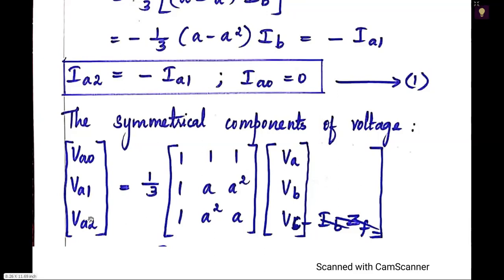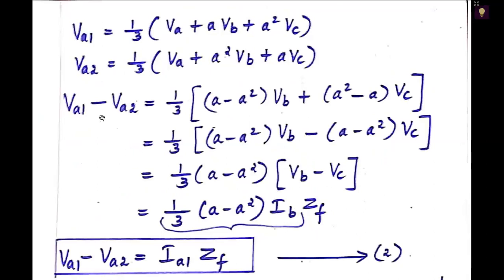And VA2 is equal to 1 by 3 into VA plus A square VB plus A VC. After writing VA1 and VA2 expressions, we take VA1 minus VA2 is equal to 1 by 3 into VA minus VA gets cancelled, A minus A square into VB plus A square minus A into VC.